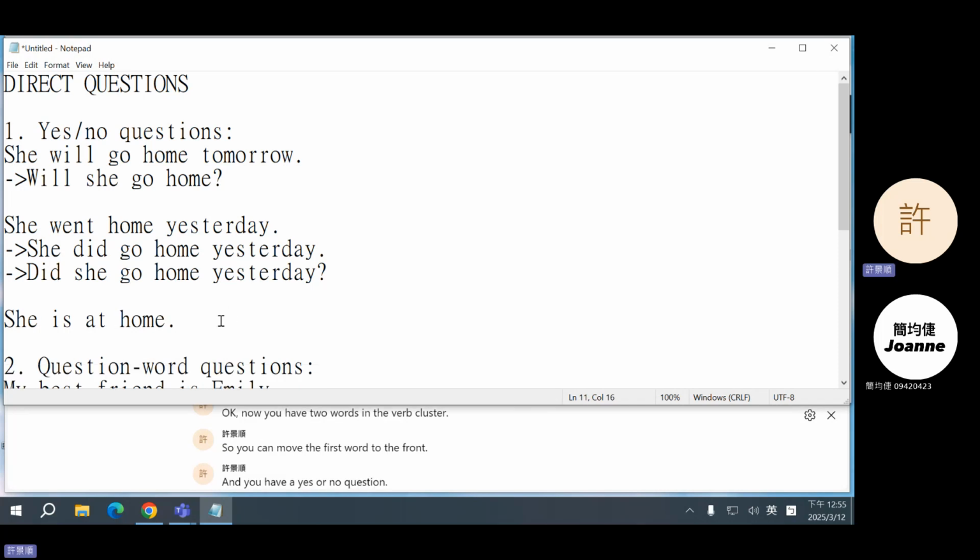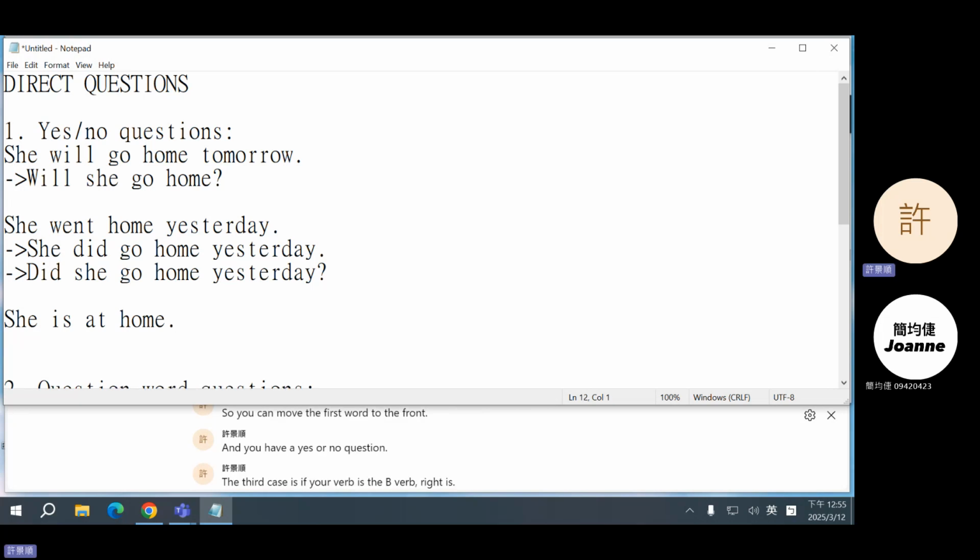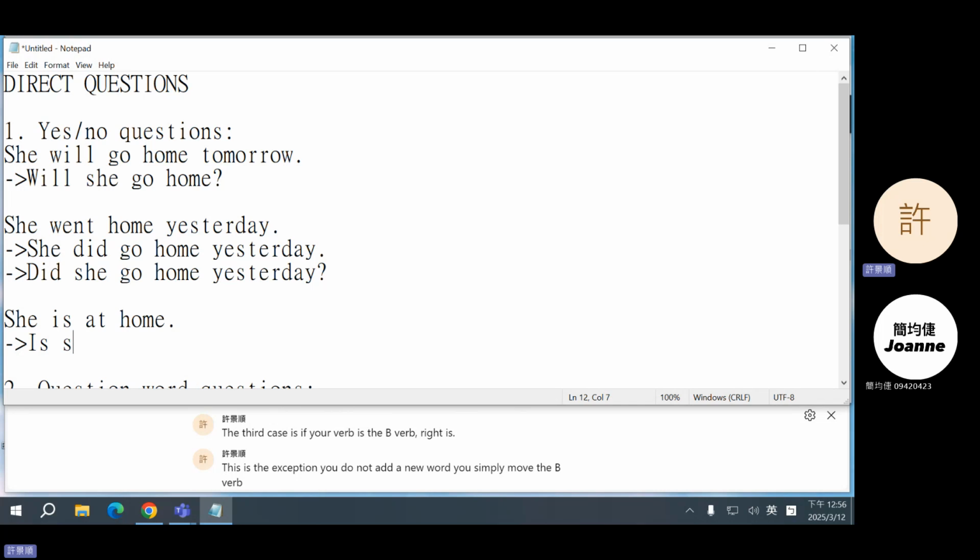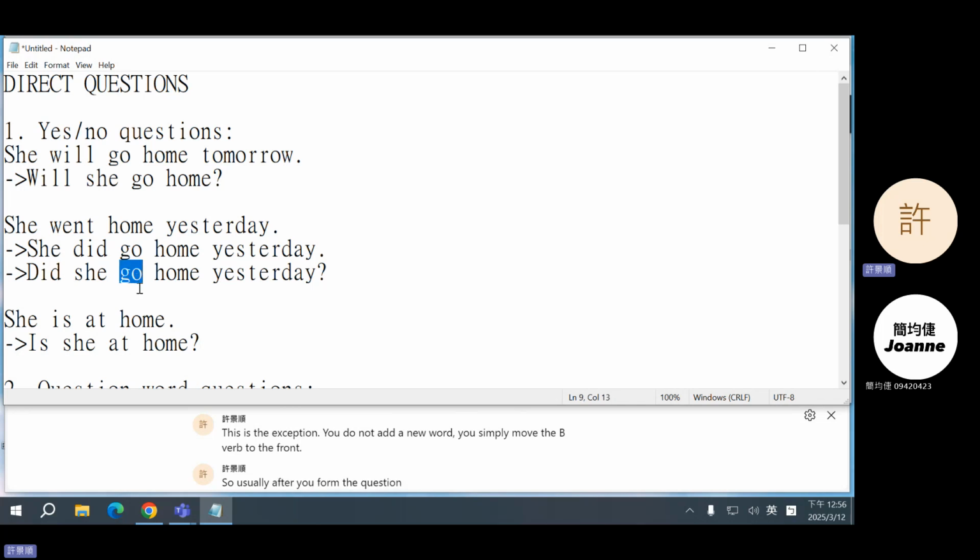The third case is if your verb is the be verb, right? Is. This is the exception. You do not add a new word. You simply move the be verb to the front. So usually after you form the question, there will still be a verb here.